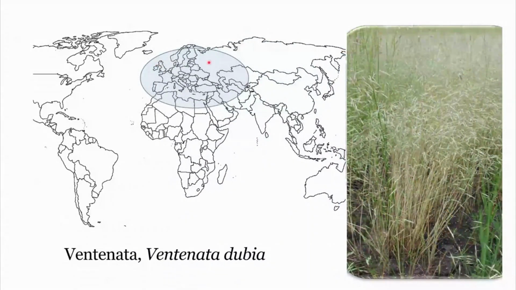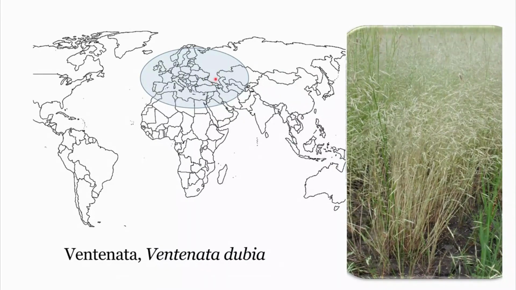And then ventenata, it goes across continental and Mediterranean climates. So what you can see is that all of these annual grass species basically grew up in the same neighborhood, and so they seem to be well adapted to the same types of climates across the board.